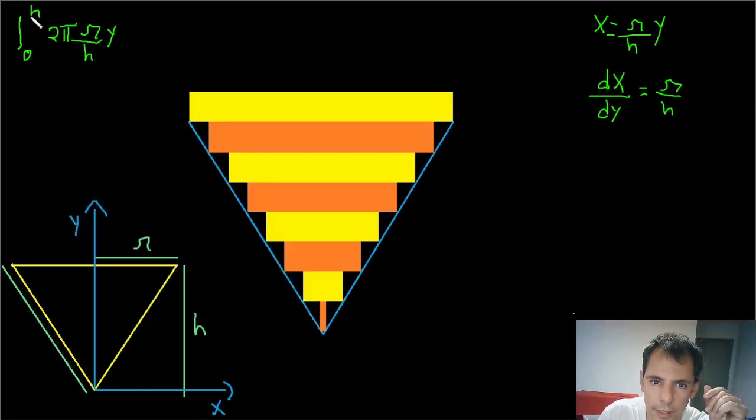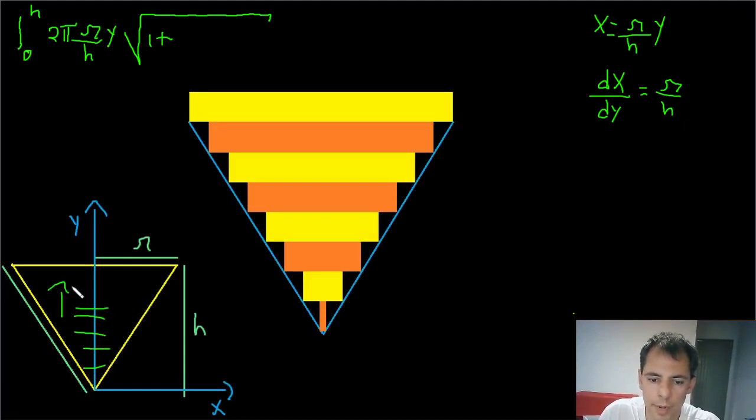Well, it's already an integral, so it's going to be the square root of 1 plus, we're integrating with respect to y, right? It's going to be one ring here, another one, another one, another one, in this direction, in the y direction. So we do this here.